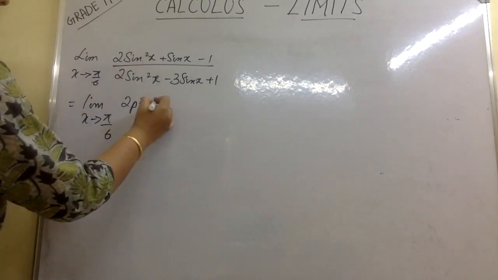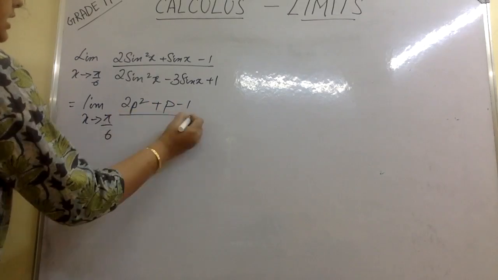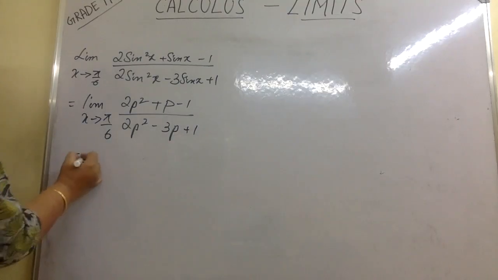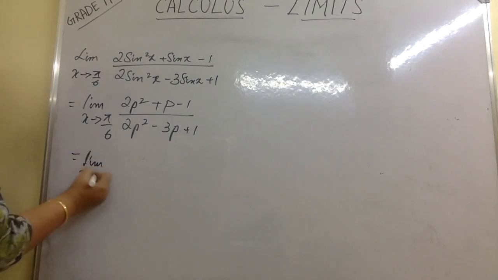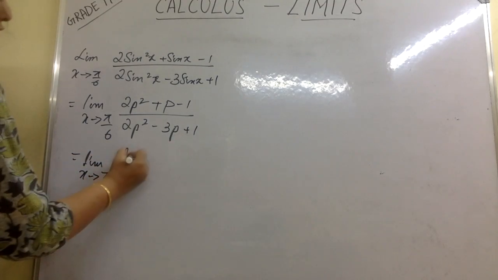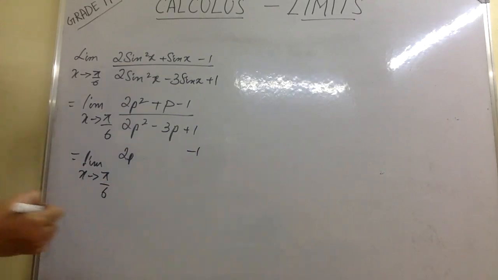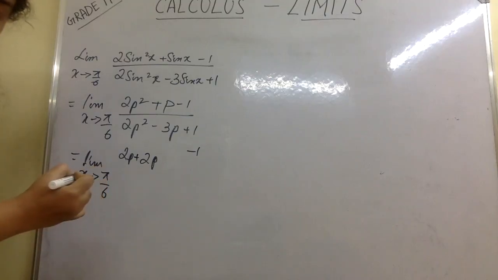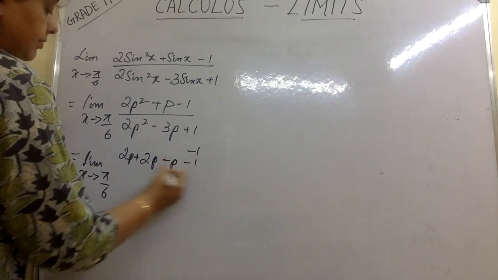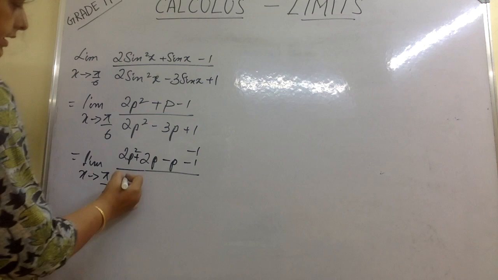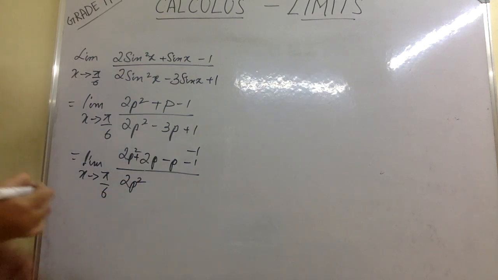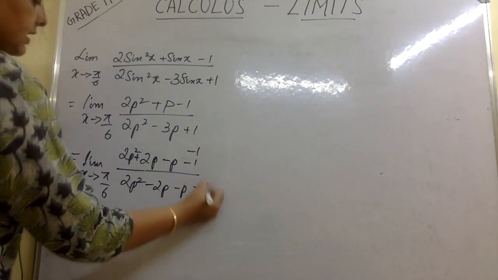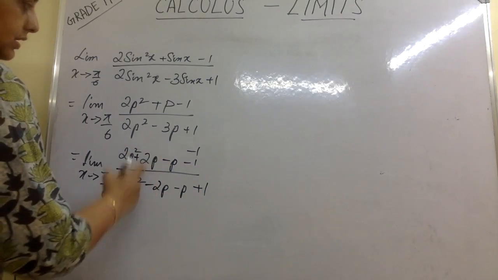We take sin x as p: 2p square plus p minus 1 by 2p square minus 3p plus 1. I am doing middle term factorization: 2p square minus 2p minus p plus 1. This is minus 3p, you say this is p.